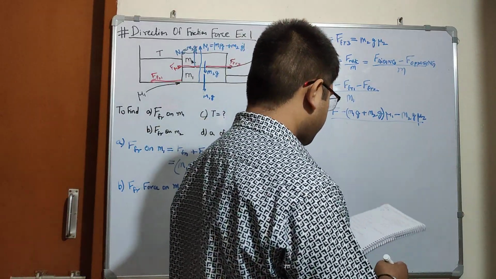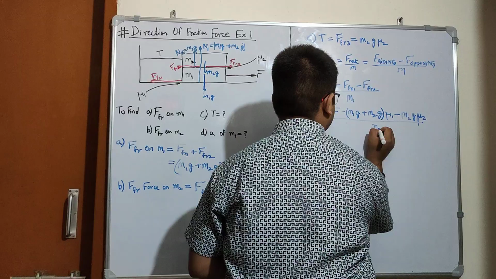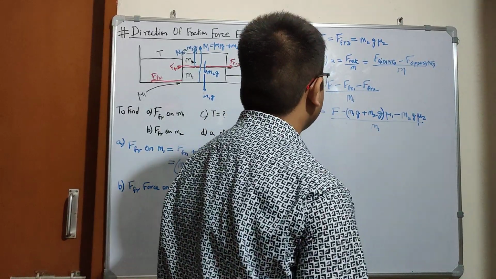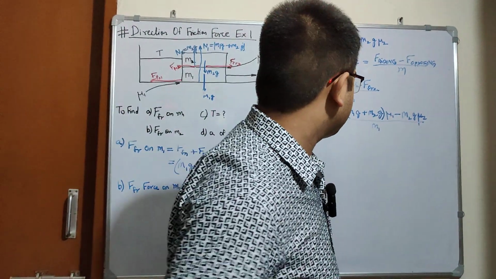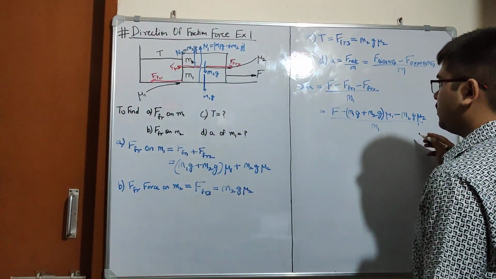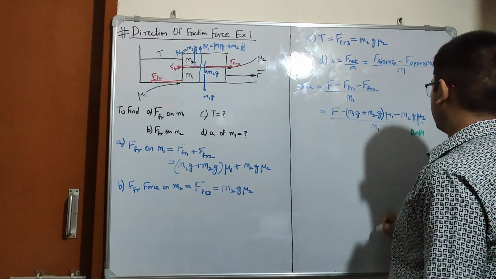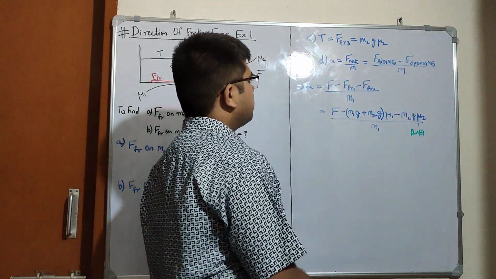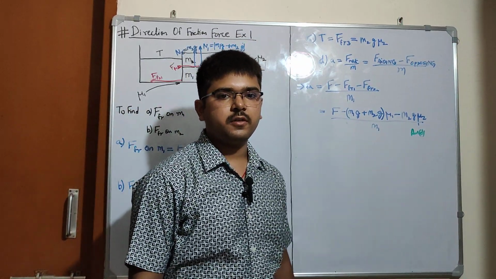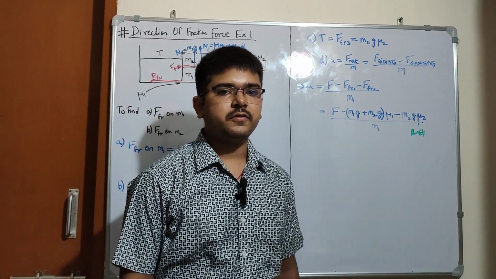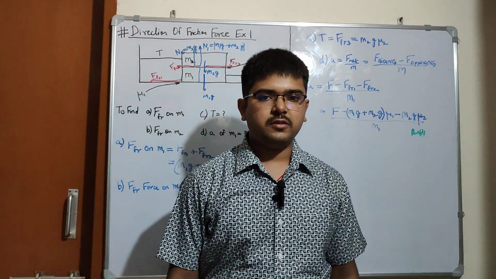So this whole divided by mass m1. So this is our answer D. So this is the acceleration that we have got. It is just a mathematical relation, and values are not given, so I have not put down the values here.